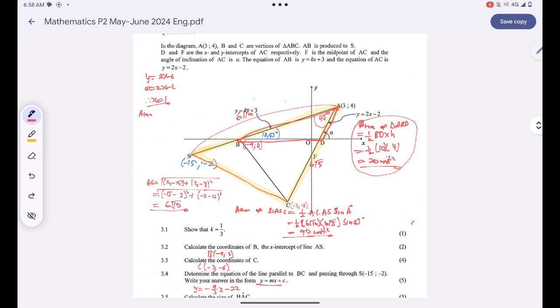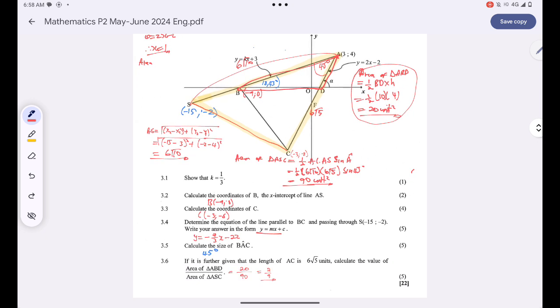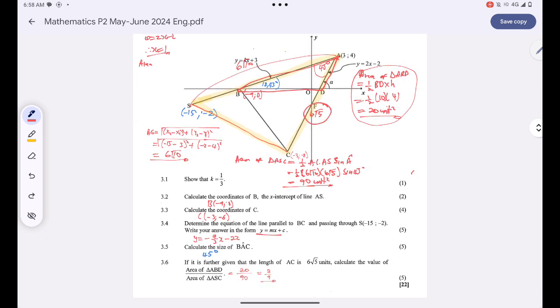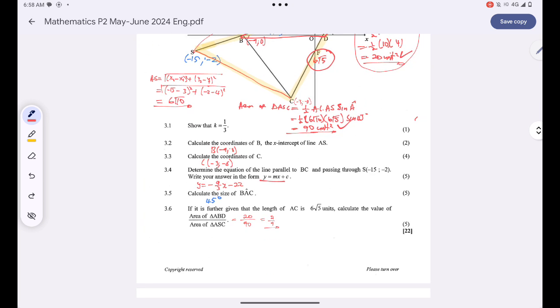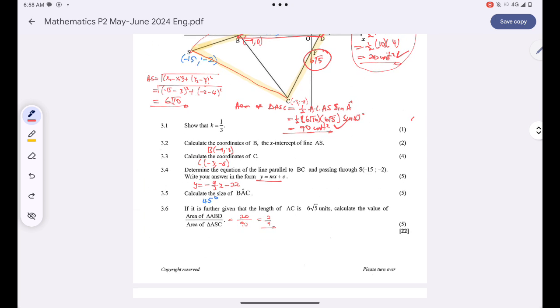Since I know the base and the height, I can simply calculate the area. Secondly, I was given the length of AC, and all I had to do was find the length of AS. Since I calculated the angle in between before, I simply found the area of triangle ASC by using the area rule. After finding the two areas, I divided them to find the ratio, and the ratio is just 2 over 9.